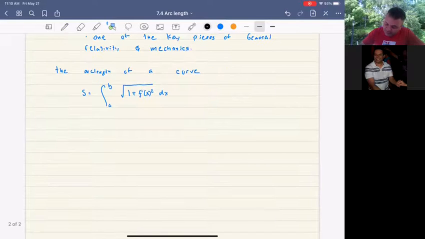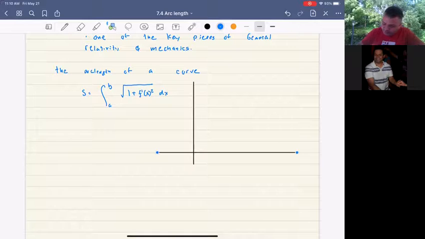So if we draw a nice little picture, we go from A to B, we have a curve. Okay, we start splitting this curve up into pieces. Let's do one more.